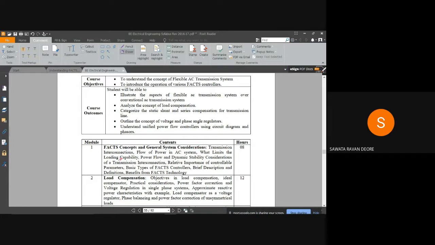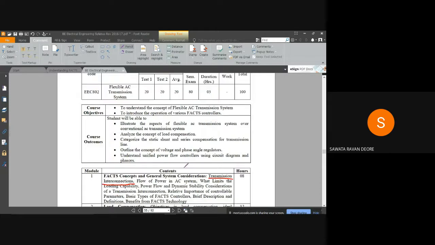So let's start with module 1, titled FACTS concepts along with general system considerations. The first point in that is transmission interconnection. As we all know, the transmission lines are interconnected to each other at different buses.